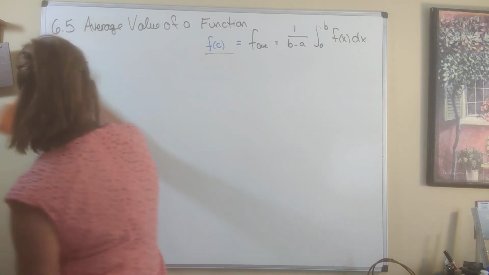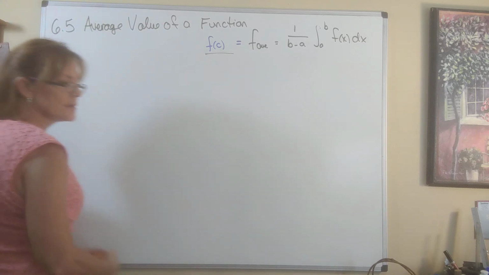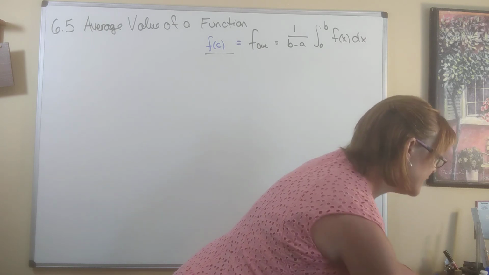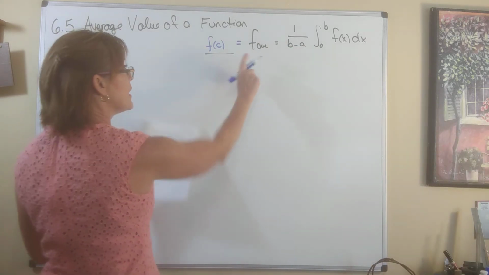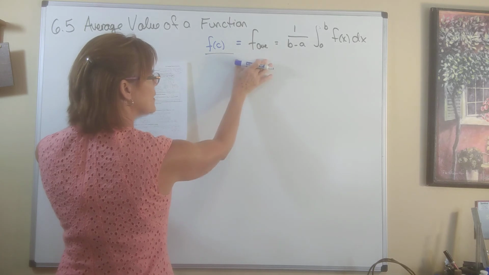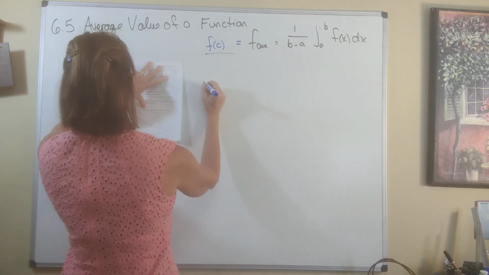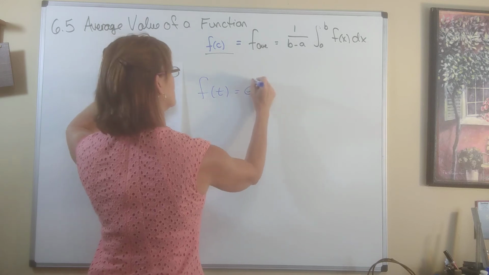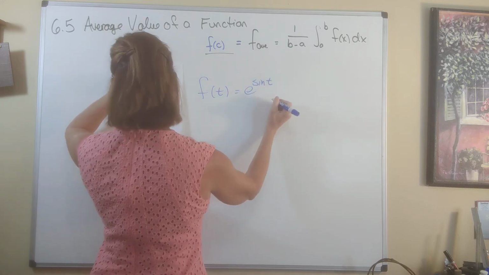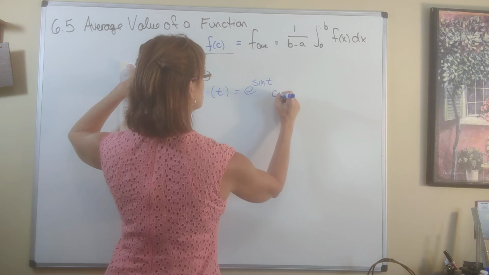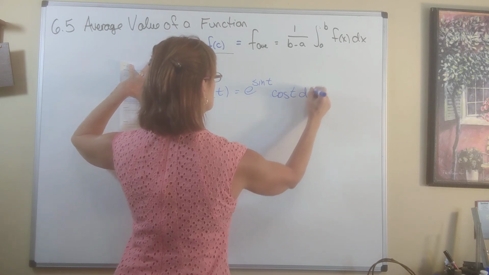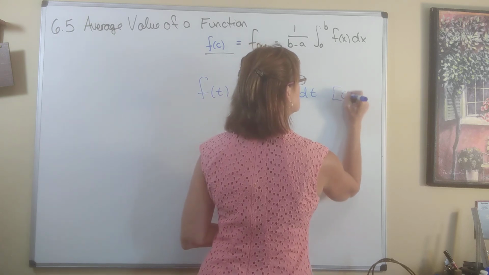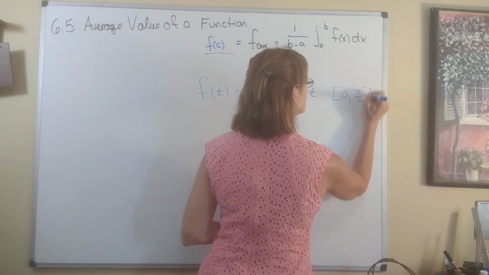But here we go. Let's look at, they said find the average value, f of c, either one, this is the average value, for f of t is equal to e raised to the sine of t times the cosine of t dt. All right, and it's on this interval from 0 to pi over 2.